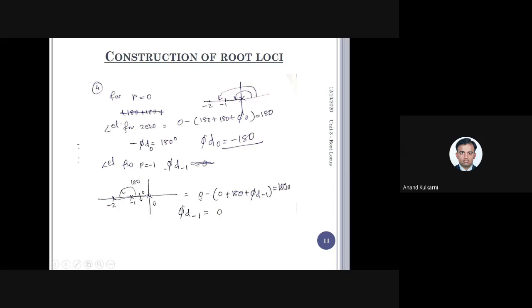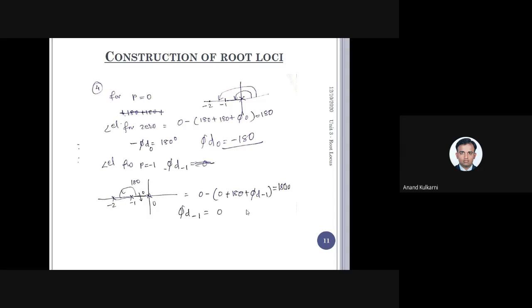That type of problem we'll see later. Should be equal to 180. So this 180 is minus 180. If it goes on the other side, it will become plus 180. So plus 180 plus 180 is 360, that is 0. So phi d is either you take it as minus 0 or plus 0. Both are same.